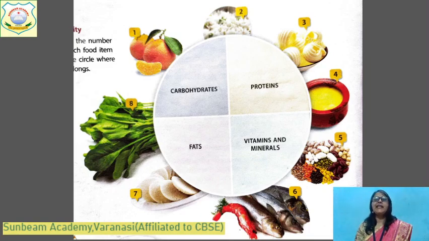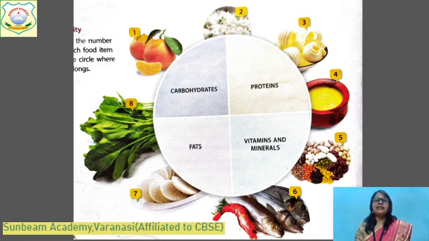They are present in milk, egg, pulses, they are rich in protein. And another is vitamins and minerals. Vitamins and minerals are also known as protective food. They are present in different types of fruits as well as in leafy vegetables. And fats are also energy giving food. Fats are present in ghee, butter. They are the rich sources of fats.